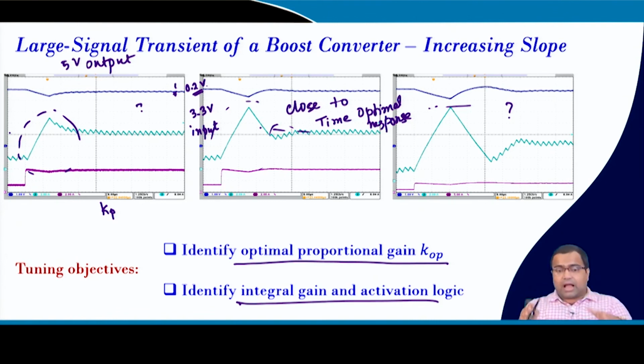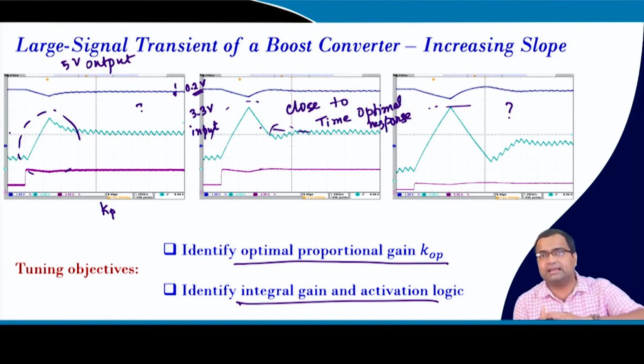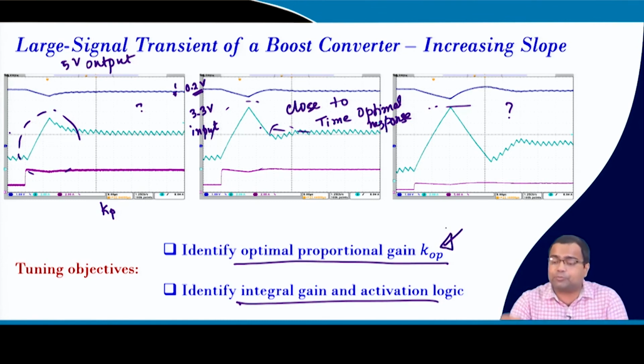But I will show in a subsequent lecture that this integral control has almost negligible role in the transient shaping, but it will eliminate the steady state error. So, we can tune the integral gain using our earlier small signal based approach, we can put some number, but we have to be very careful about the proportional gain and the derivative gain, which is coming from the current loop, because we have chosen IL minus IN.